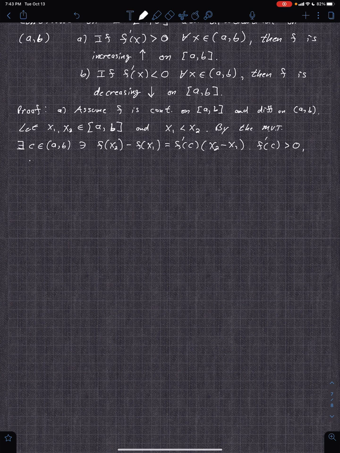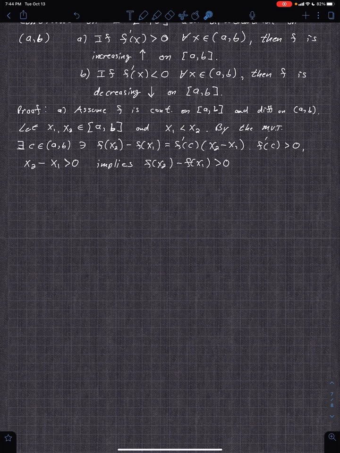We also have x2 minus x1 is greater than 0 by assumption, right? Because x1 is less than x2. Both of those imply that f of x2 minus f of x1 is greater than 0.